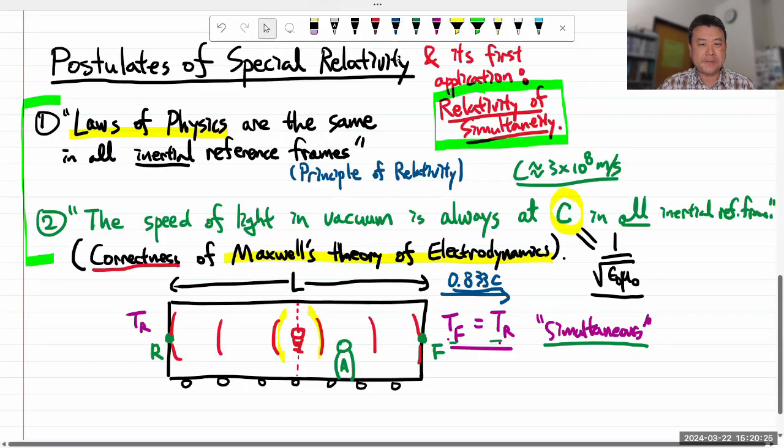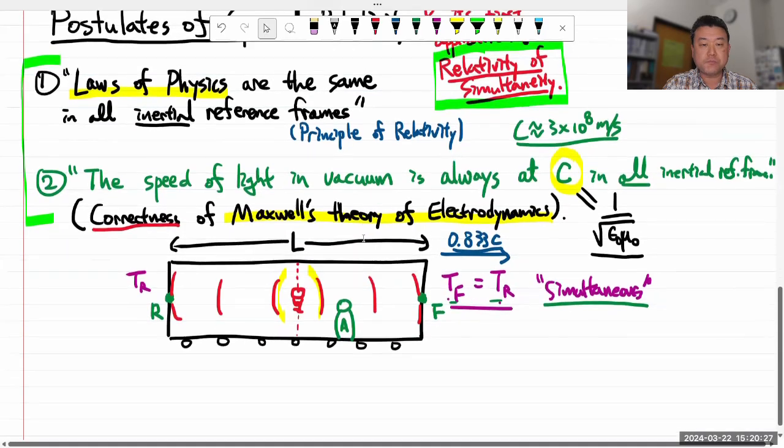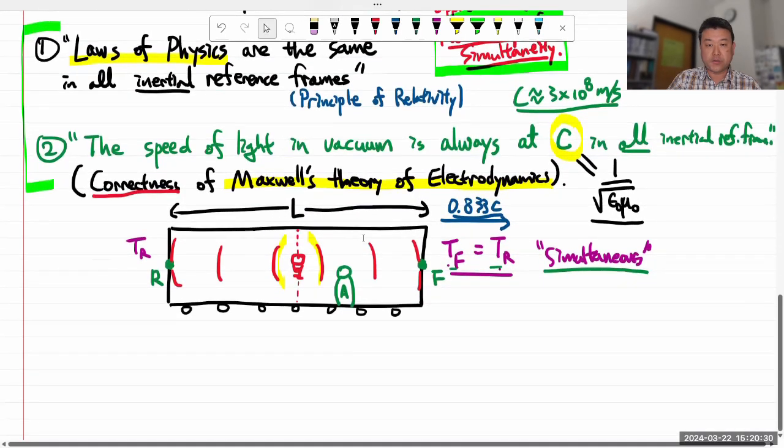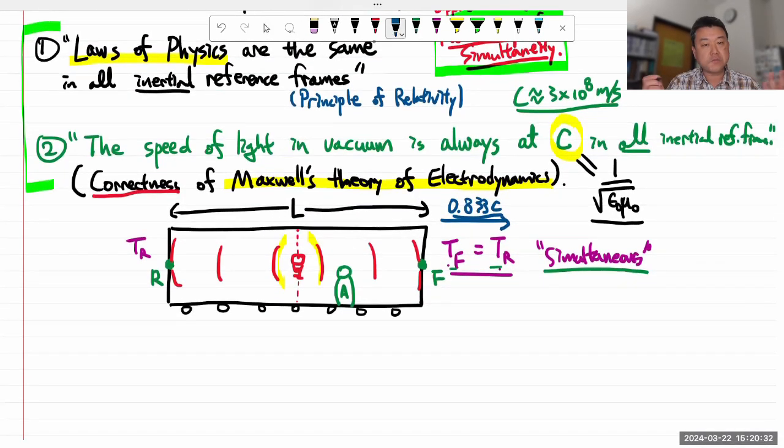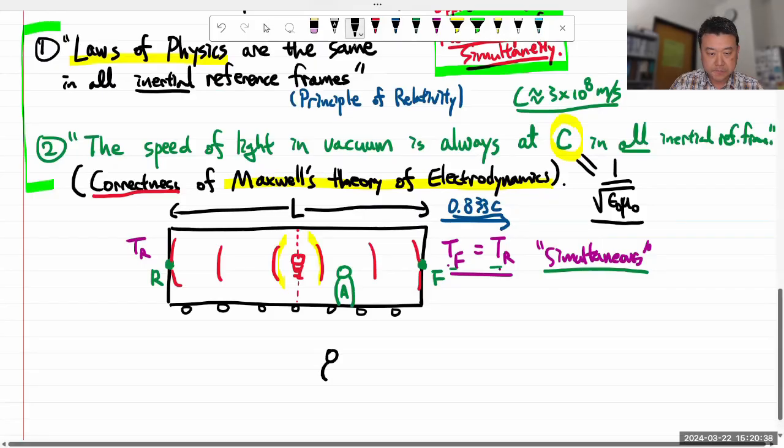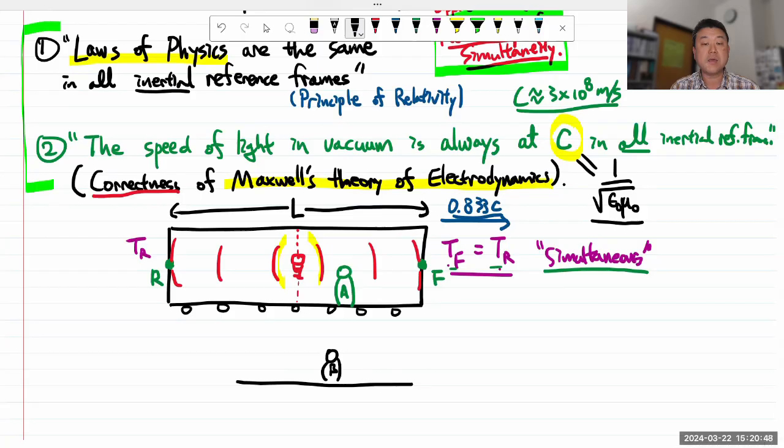Very realistic. And we are going to introduce a new person, Bob, who's not on the train, but he's the station manager. So Bob is standing here outside the train, looking at this train moving at 83% of the speed of light. And when Alice comes back to Bob saying, yeah, I set all this up, I measured the times, they were simultaneous, Bob tells Alice, that's not what I saw.